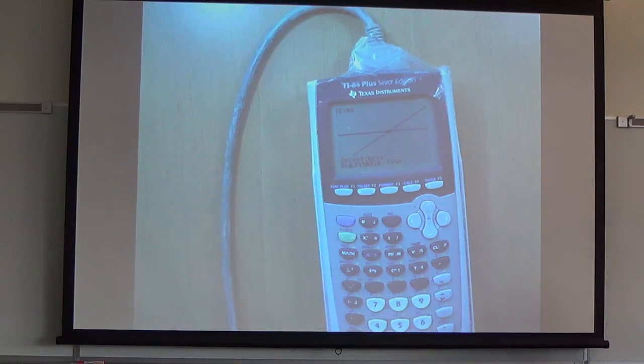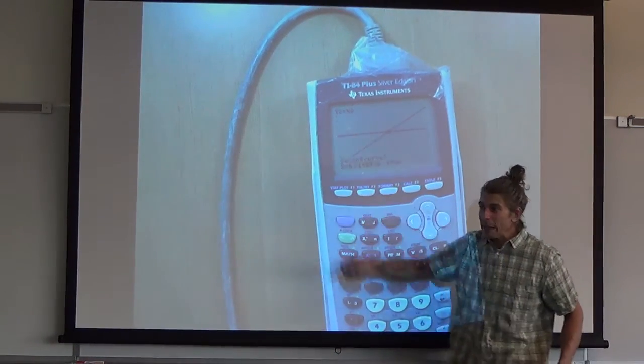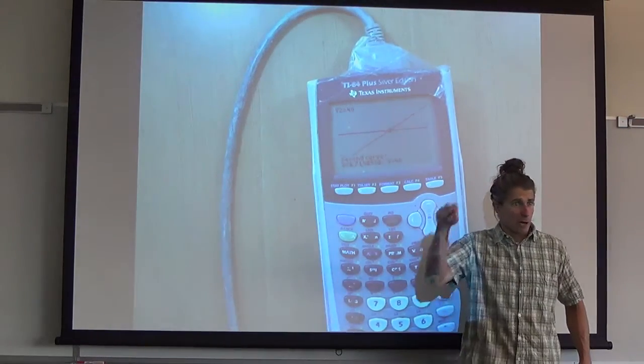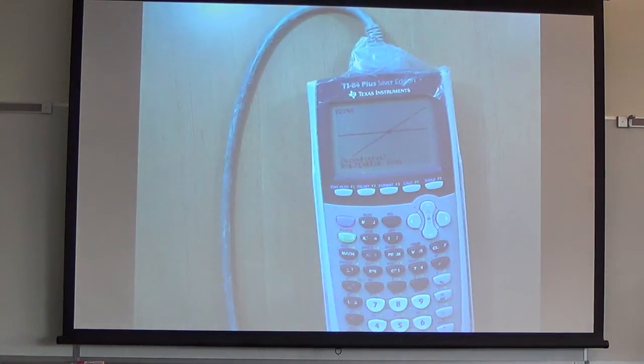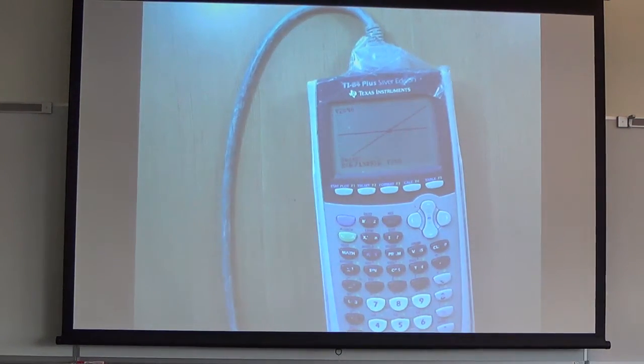What should I use for the other one that's actually hitting it? Should I use Y2 equals 40? Enter again. And then it asks, could you give me a guess? I say no, and I press enter a third time. I'll come back to why I don't care about that momentarily. You press enter, boom, and there it is.